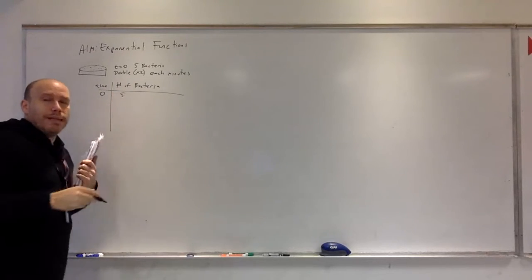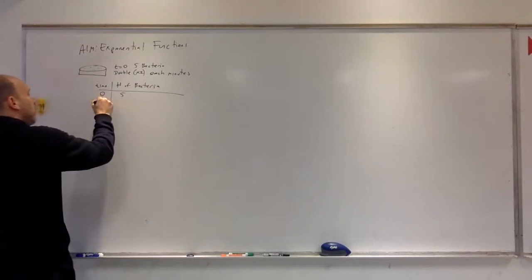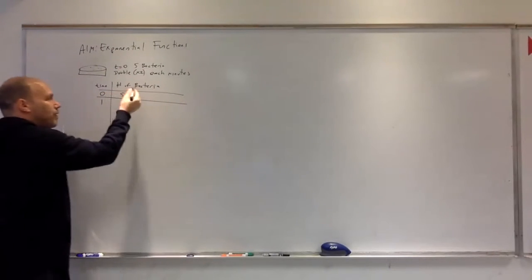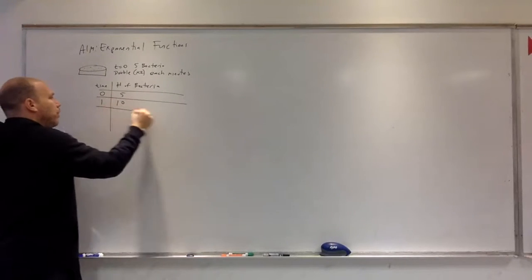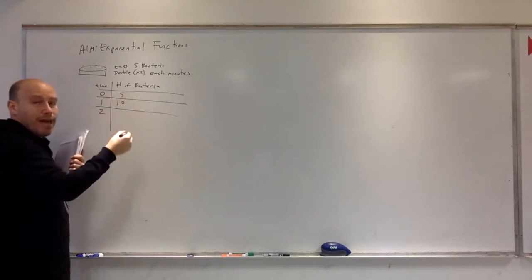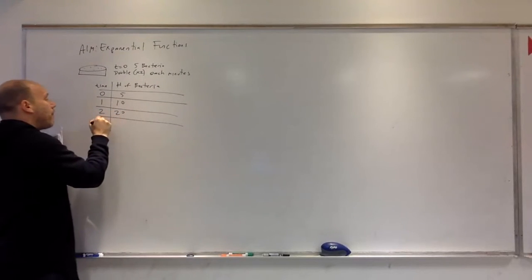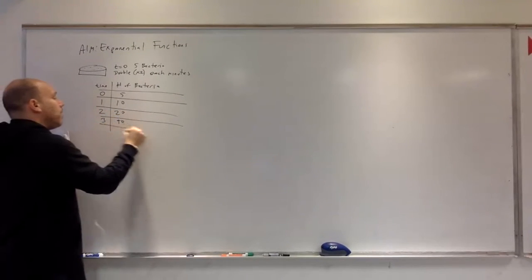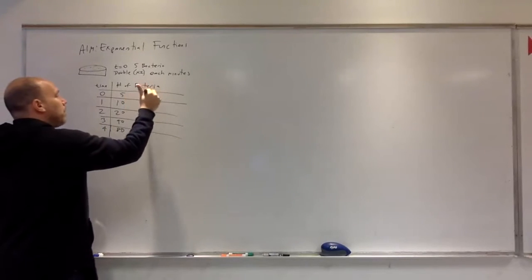And then 1 minute later, how many bacteria do we have? 10. Okay, what about 2 minutes later? What happens to those 10? They double also. And let's continue the chart. After 3 minutes, we have 40 bacteria. And after 4 minutes, we have 80 bacteria.